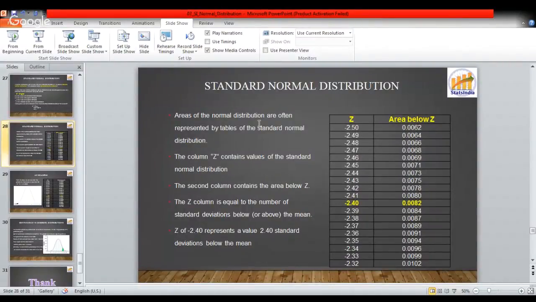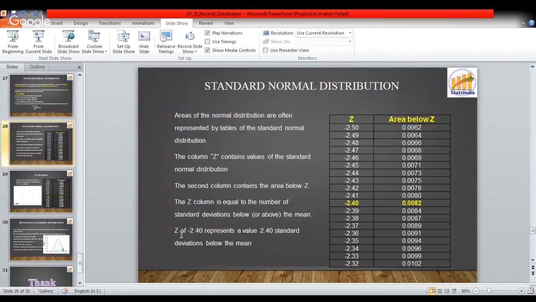Areas of the normal distribution are represented by the standard normal distribution table, where the z column contains the values and the area below z is given.